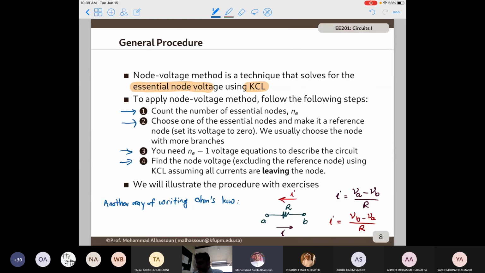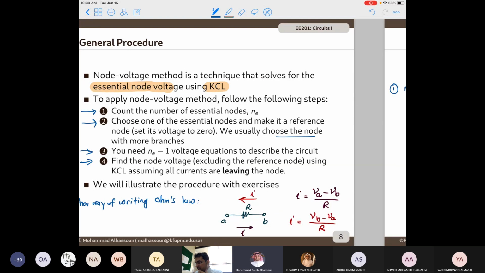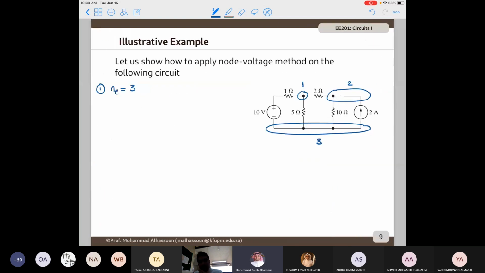Next, I need to choose one of these nodes and make it the reference node, setting its voltage to 0. Again, we usually choose the node with more branches. In this case, it's a clear choice: node 3, because node 3 has 4 branches, node 1 has 3, and node 2 has 3.